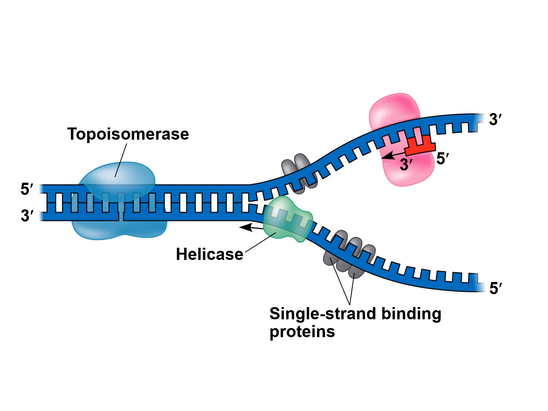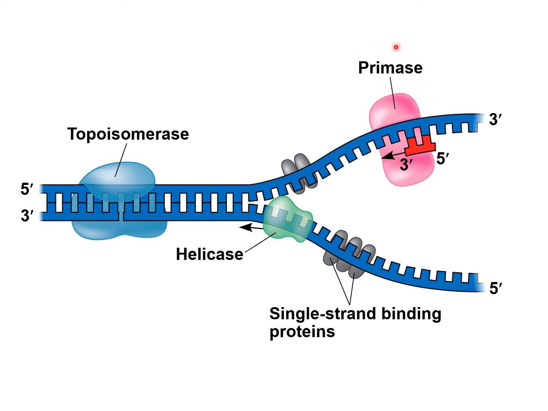Well, I've said we can only synthesize 5 to 3. We can't synthesize 3 to 5. The other issue is that we can't just synthesize DNA. We have to have a 3' end to synthesize onto. So now we're going to add the next protein to this mix, and this is called primase.